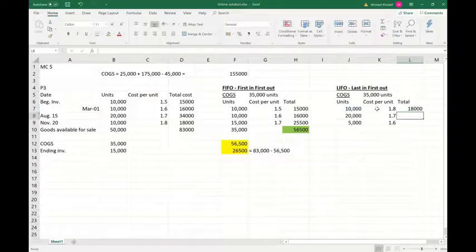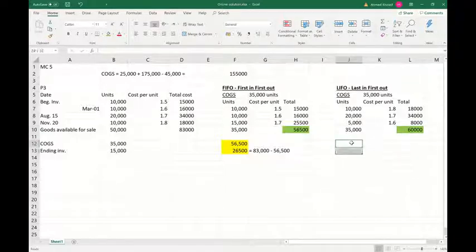We work out the total cost. Just multiply the units by the cost per unit, and then we get the total. The total number of units is 35,000 and the total cost of goods sold is 60,000 according to LIFO.